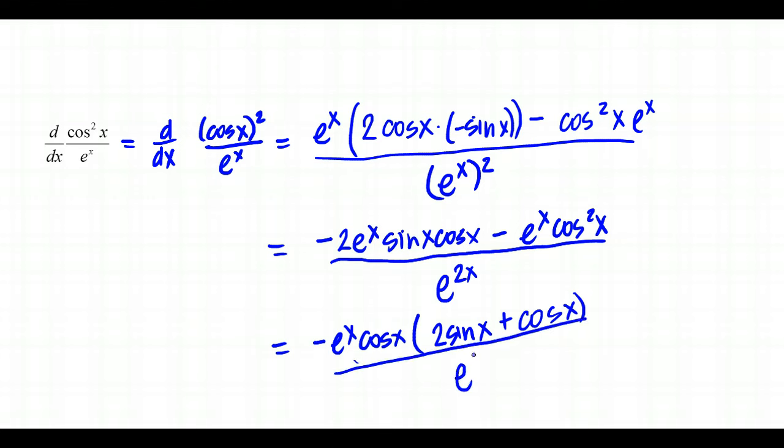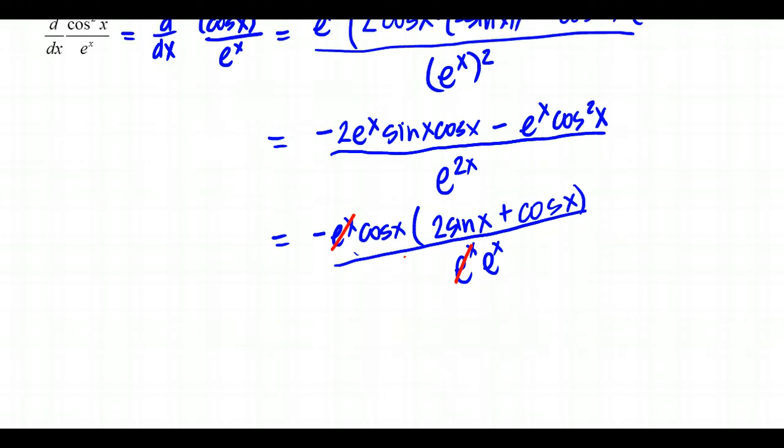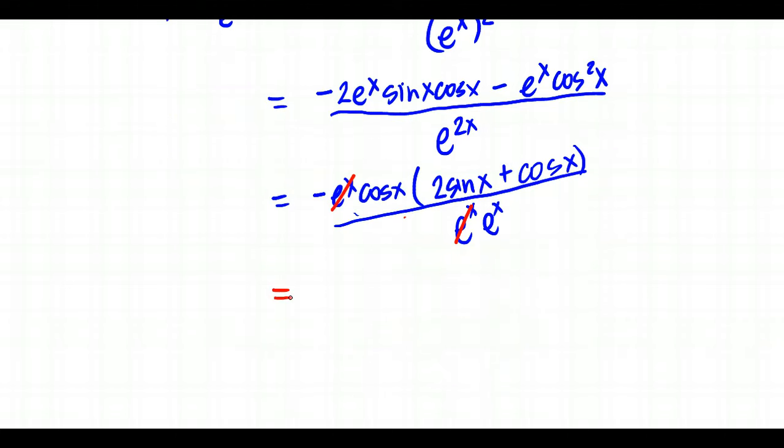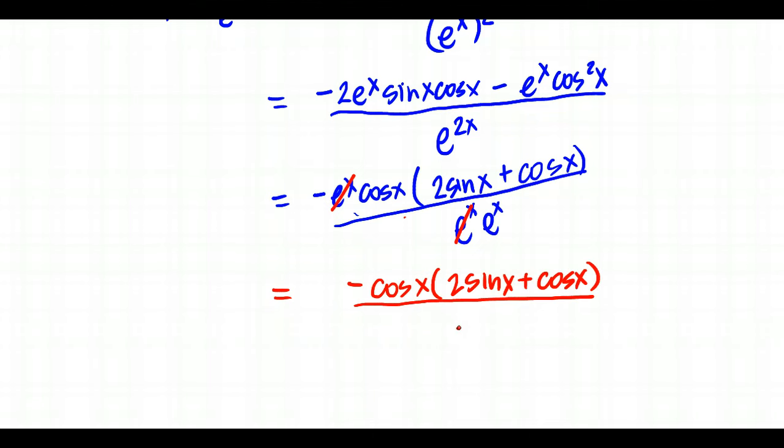But what I'm going to do is write that as e to the x times e to the x, because now an e to the x will cancel because they're being multiplied. We'll make ourselves a little bit more space so that the final answer is negative cosine x times 2 sine x plus cosine x all over e to the x.